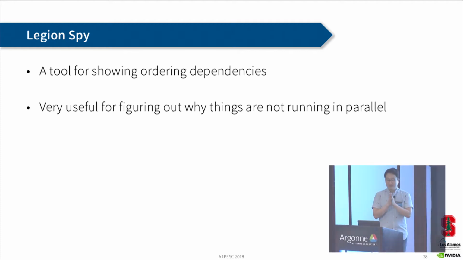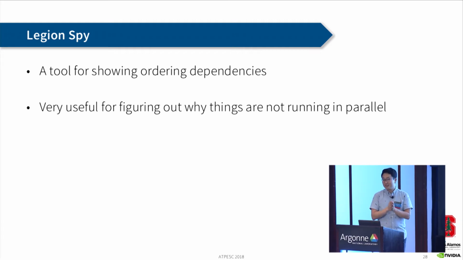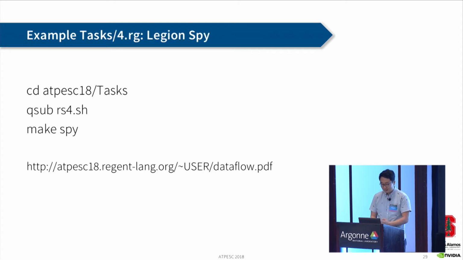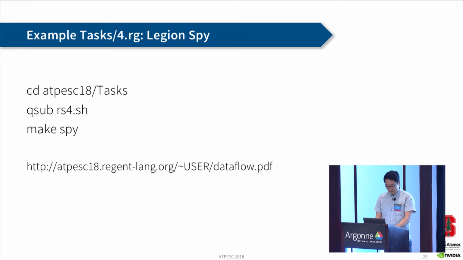This is really useful to understand when certain things are serialized or when there's any unusual behavior in the timeline of the program. So let me generate a spy graph from example 4.